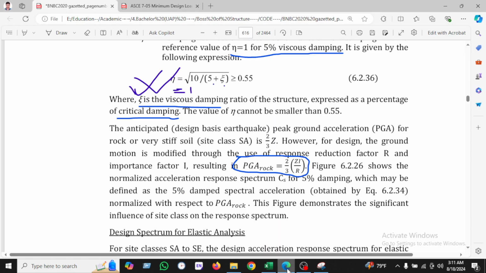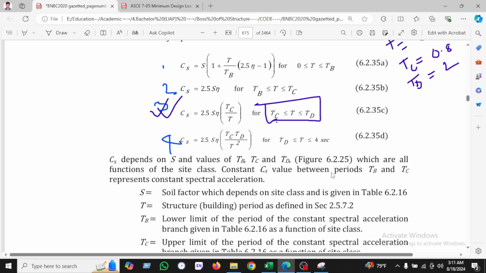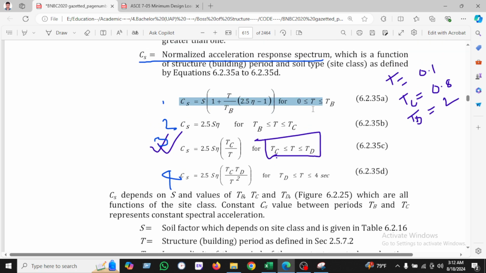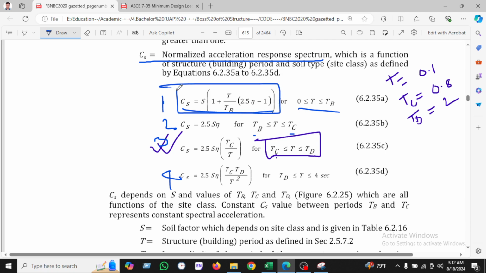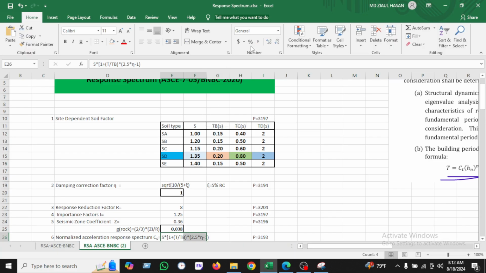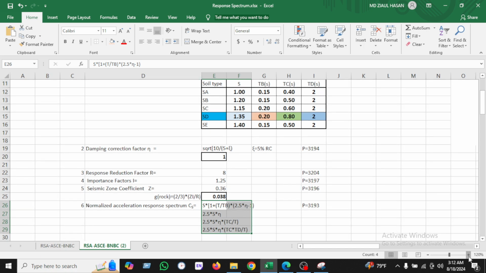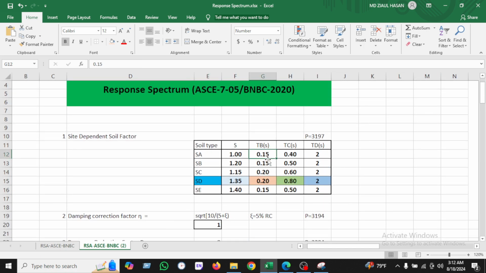There are four formulas, one, two, three, four. The first is for 0 to TB, and another one is for TB to TC. So the first formula is used for 0 to TB. Here we can see 0 to TB, and TB is 0.5.